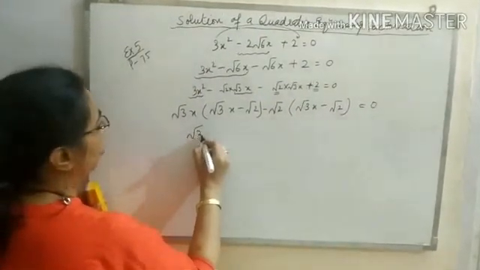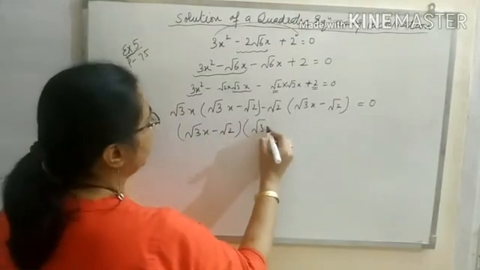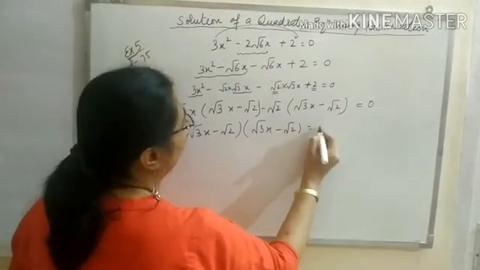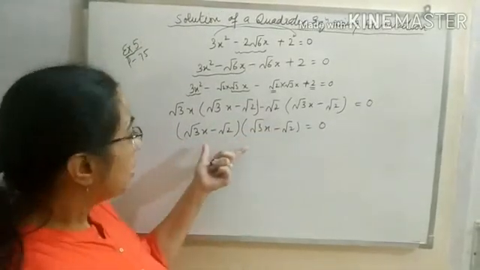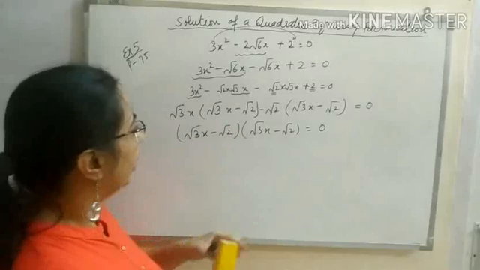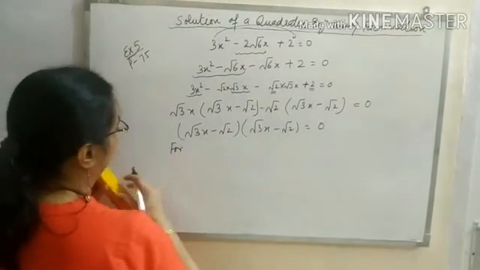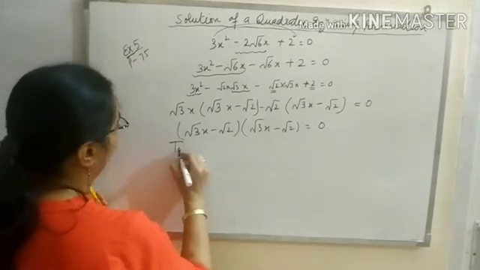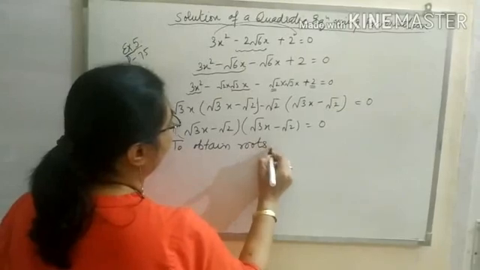So again, taking root 3x minus root 2 common, again root 3x minus root 2 equal to 0. Now you can see these two brackets are the same. It doesn't mean that you will get only one root. Again, to obtain roots, either of the brackets should be 0.